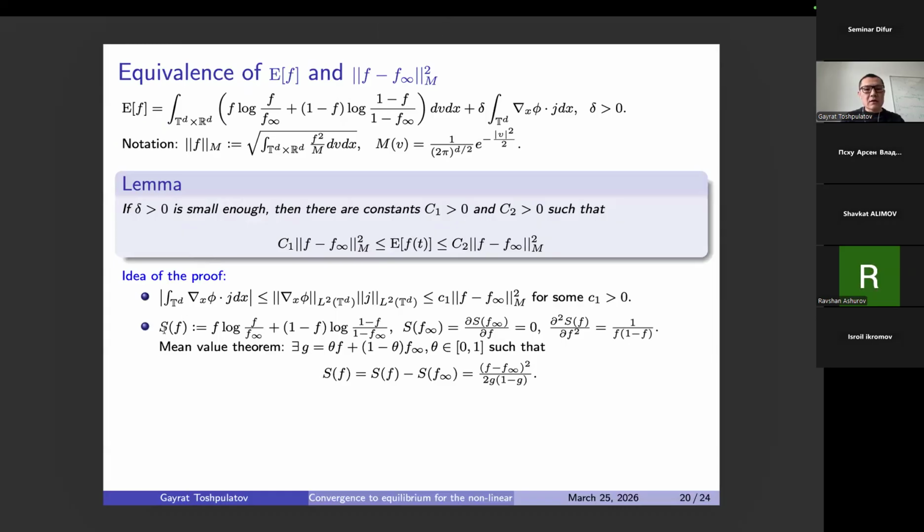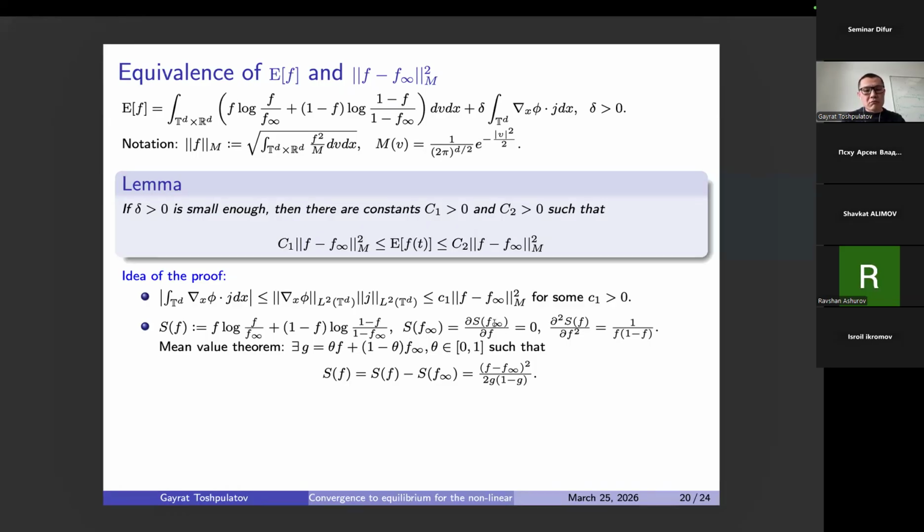Then let's consider this entropy part, f log f. Let's denote it by S, a function of f. Its value when f equals f infinity is equal to 0. Also, if you compute its derivative with respect to f, its value at f infinity is also 0. Its second order derivative is given by this expression.